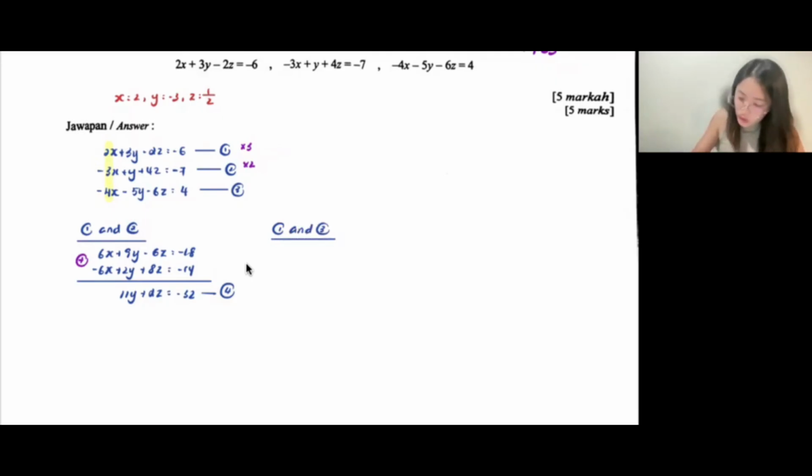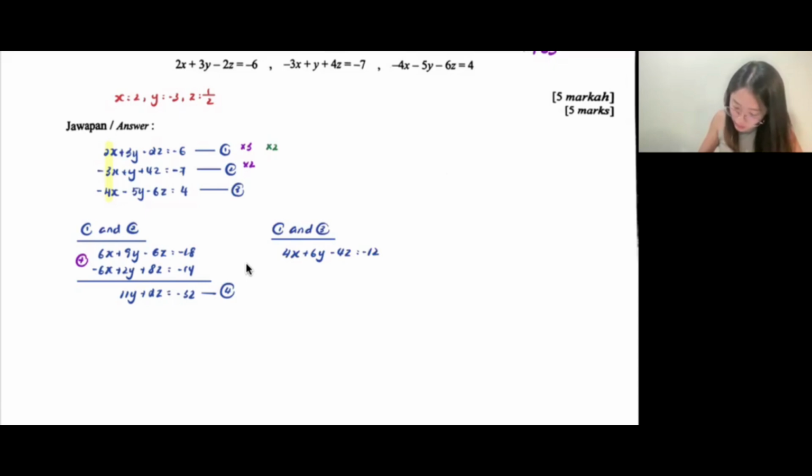Okay, 1 and 3, let us compare the x first. Okay, I need common x. All right, common multiple. So 2 and 4, I'm going to multiply 2 over here to make it 4. Equation number 3, just leave it. Okay, so number 1, 4x plus 6y minus 4z equals to negative 12.